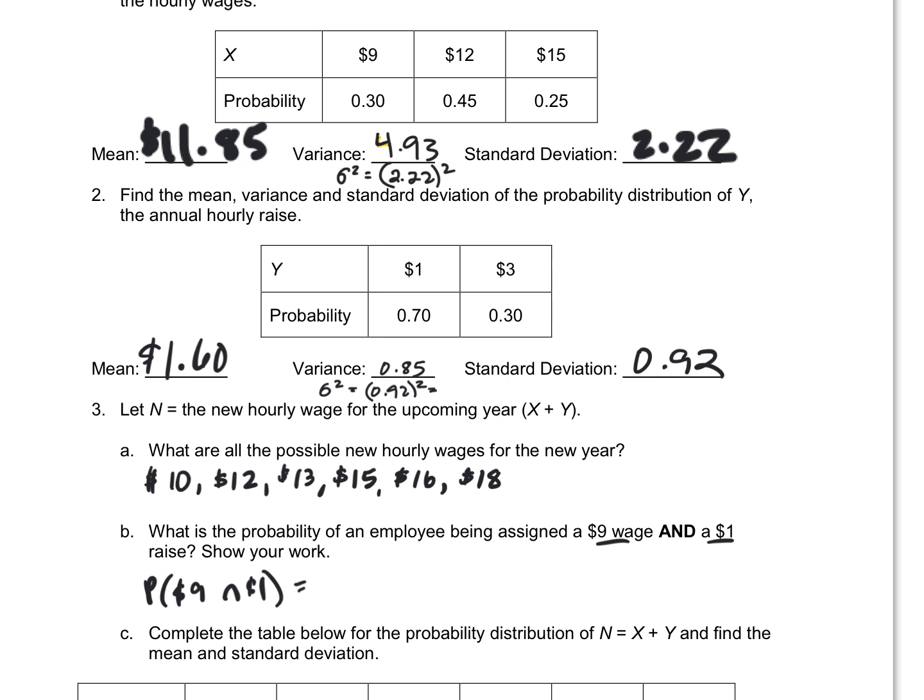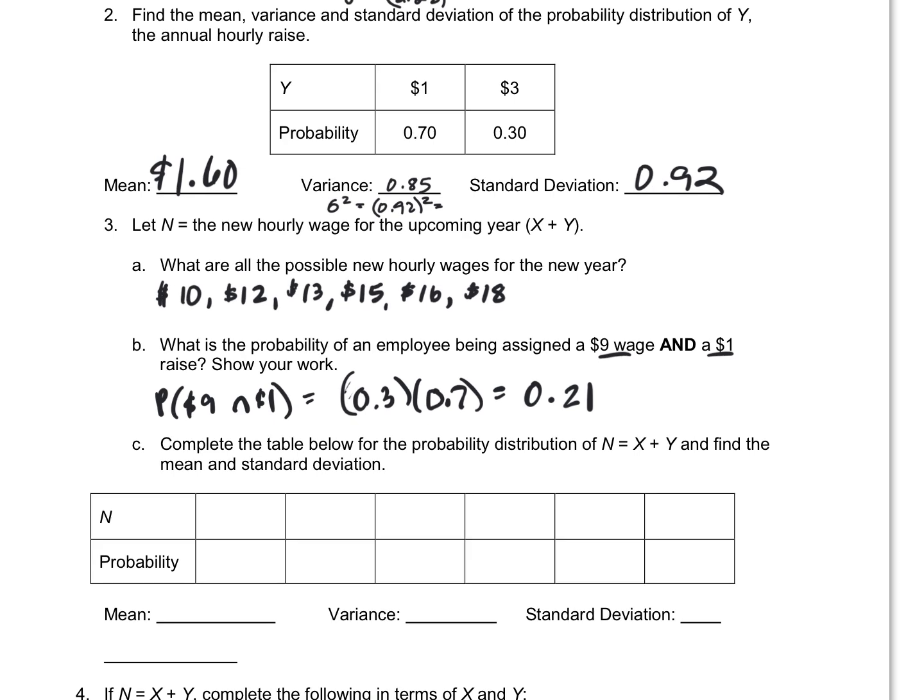So probability of a $9 wage was what, 0.3? So that would be 0.3 times a $1 raise is 0.7. Gives me a probability of 0.21. Now, we're going to complete that table.